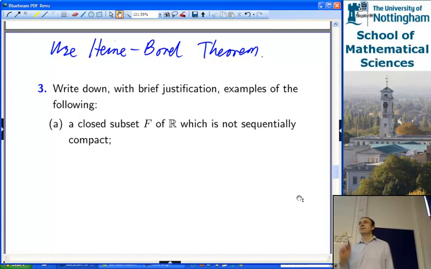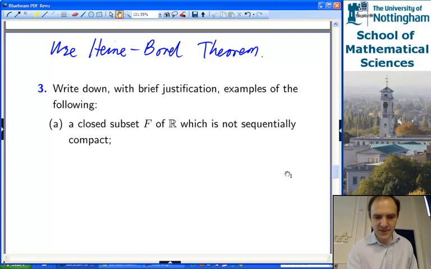Sequentially compact has a definition, but don't worry about the definition, because we know sequentially compact is equivalent to being closed and bounded. And that's what we're going to use.